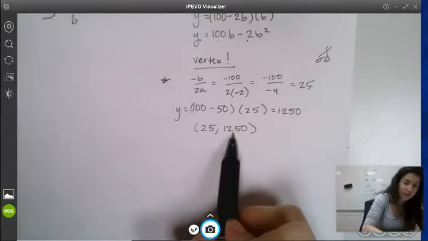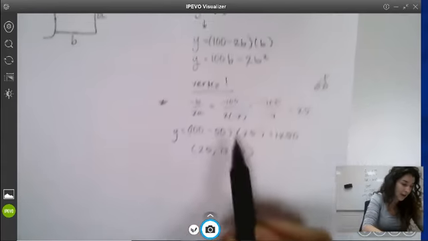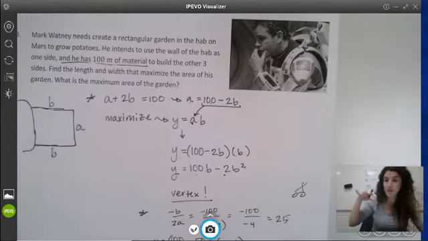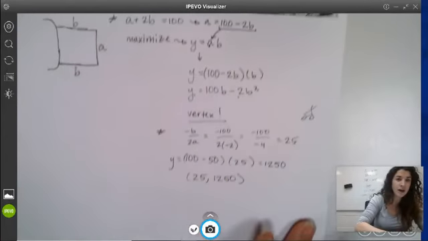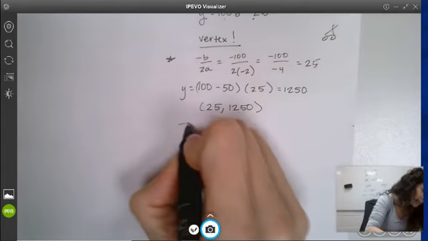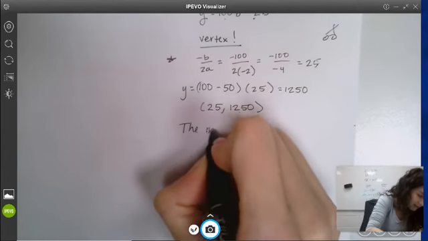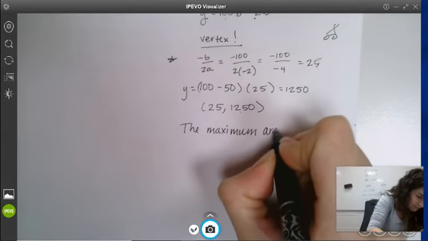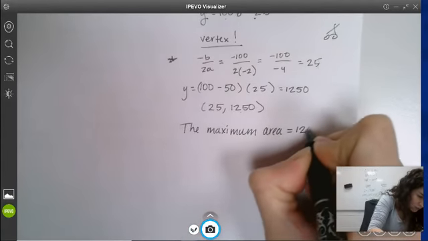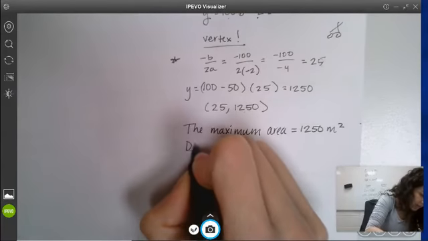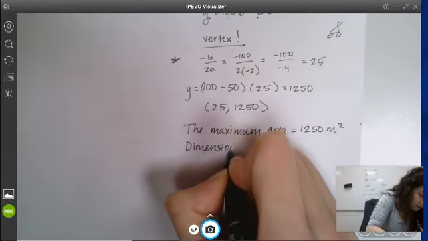That answer is here, your maximum area, right? Remember that y represents the area of your garden. And so you found the maximum y value. It is this. The maximum area is 1250 meters squared.